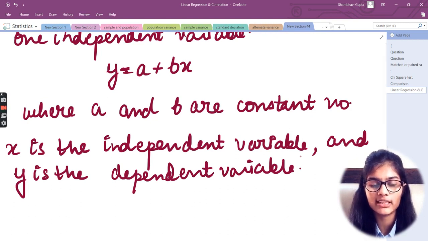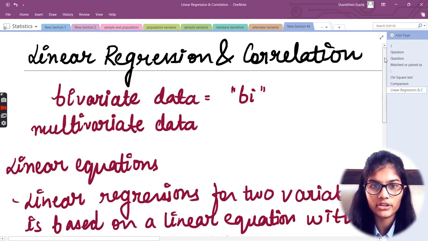So basically what we do is choose which value we need to substitute for the independent variable, and then we solve for the dependent variable. So in that similar case, I just mentioned that x is the independent variable and y is the dependent variable which we have here, right?